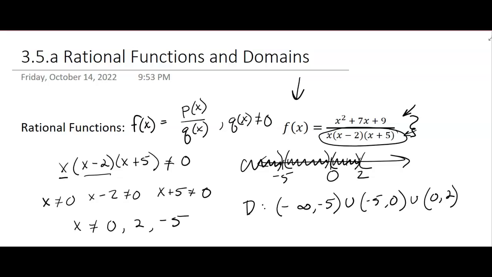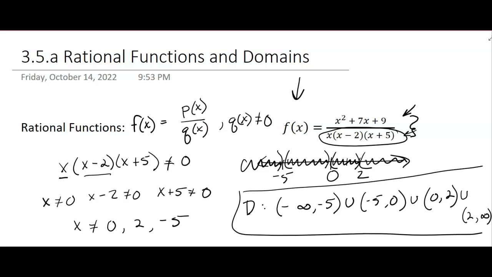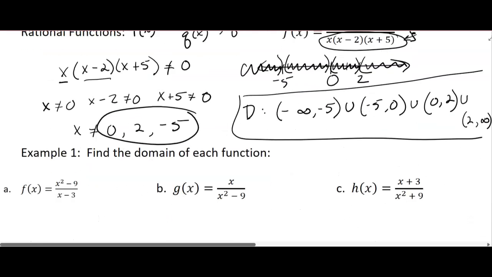And then we're going to union that finally with all these numbers, which is going to be 2 comma infinity. It didn't quite fit, but that would be the domain. That's a long domain. So basically there were 3 values that we can't use. We can't evaluate the function at those 3 numbers, and so we have to take them out of the domain.